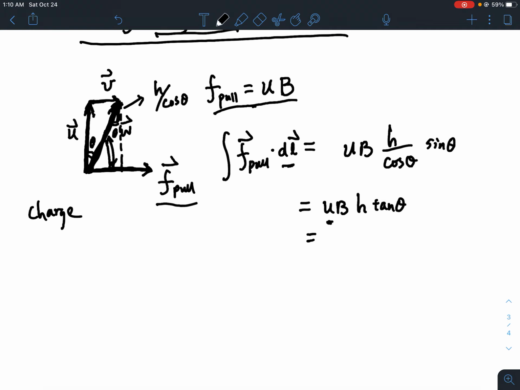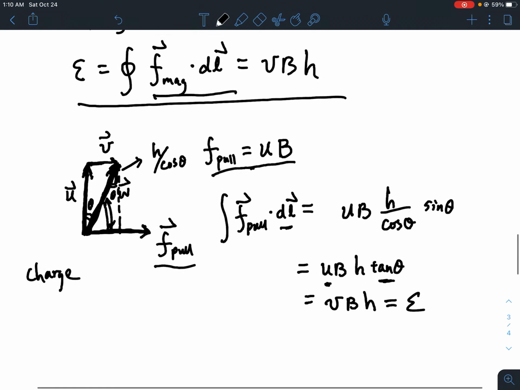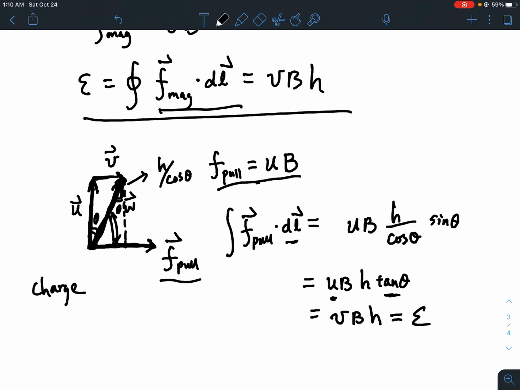And u times tan theta really gives us v. So this gives us v B h, and this is really equal to the EMF that we calculated before.